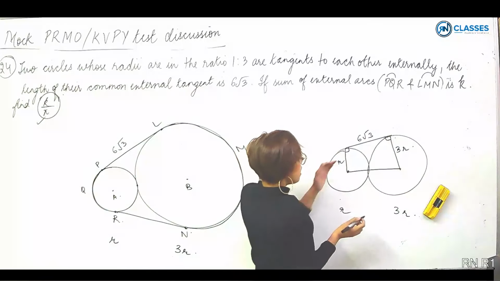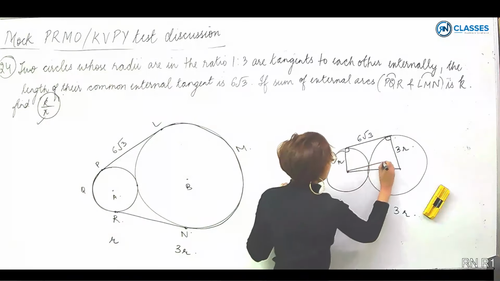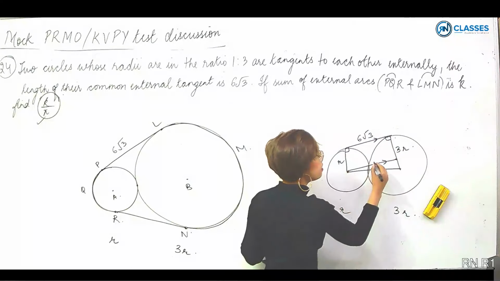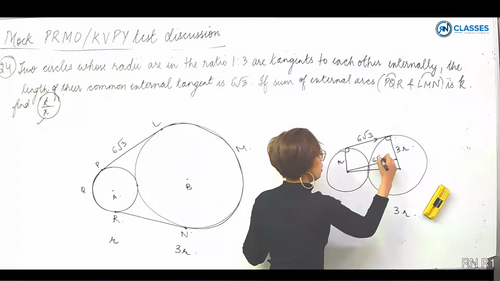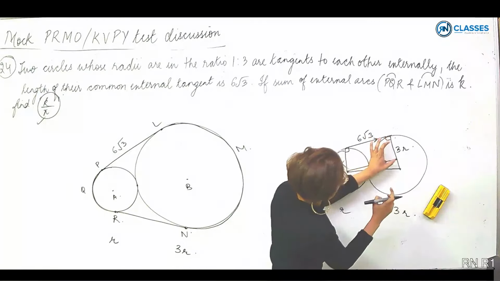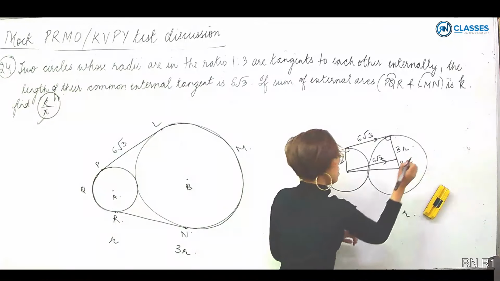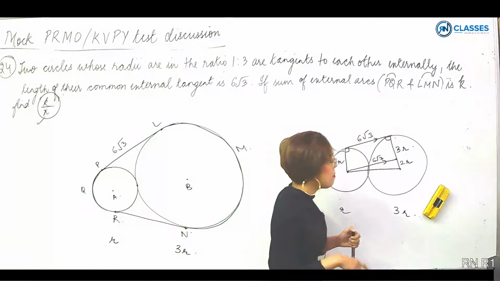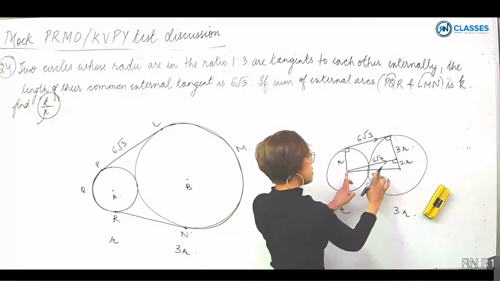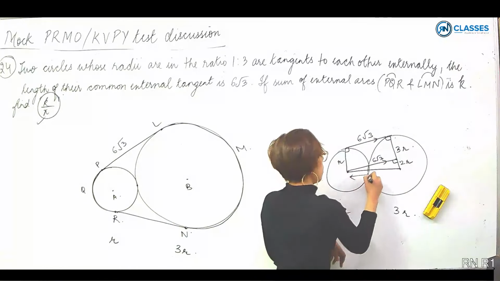So what I can do is, through this point, I will draw a line parallel to this. I can see that this figure is nothing but a rectangle. So this is 6 root 3. Now this was R, so this will be R. Entire is 3R. This is R, so this is 2R. Yes, a bit of discrepancy is there, but it's okay. Right? This is 90, so this is 90. Also, this length is R plus 3R, that is 4R.